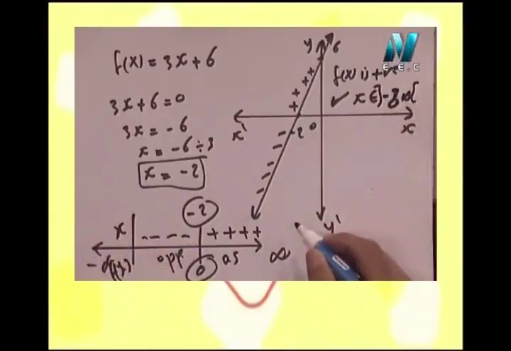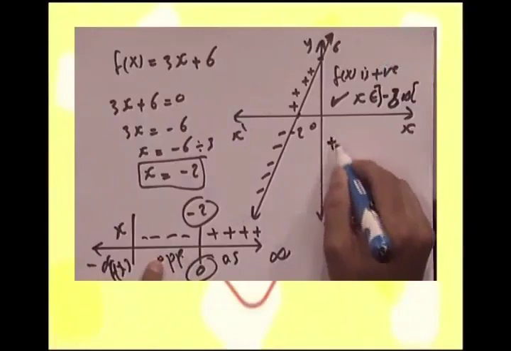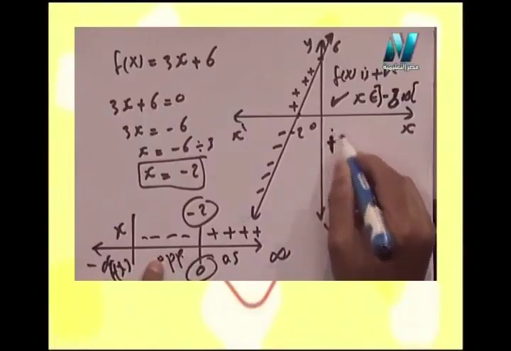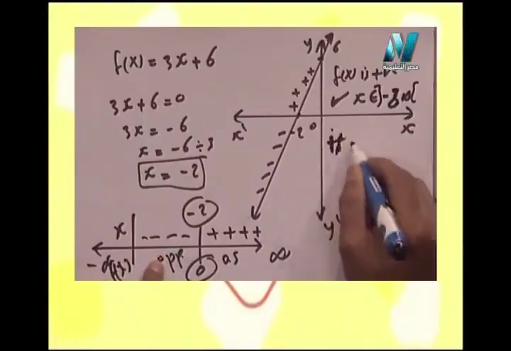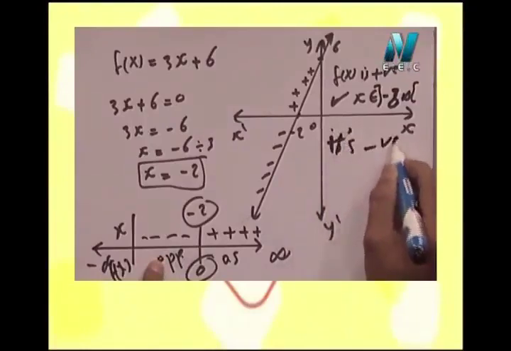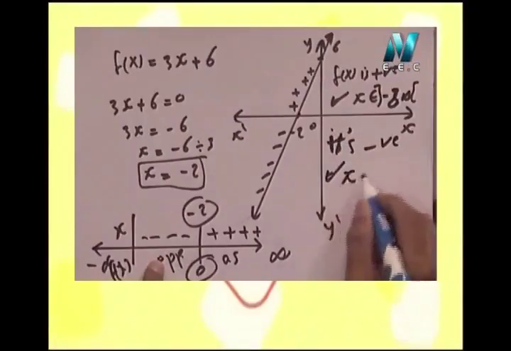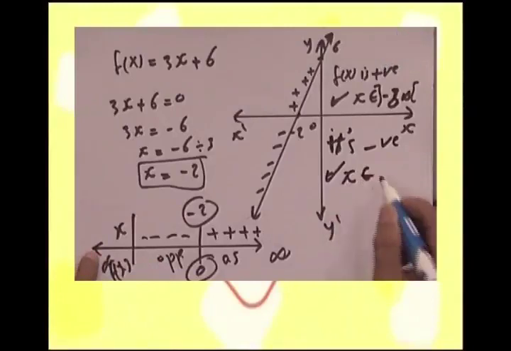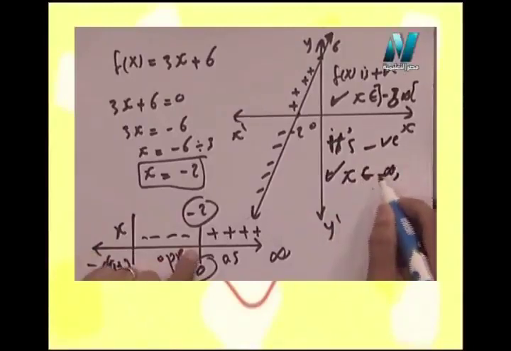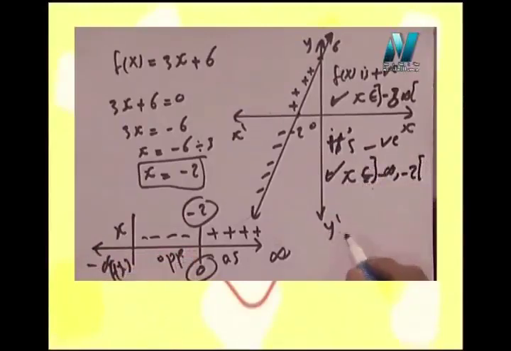And it's negative for all x belonging to from negative infinity to negative 2. And this function will be 0 at x equals negative 2, of course.